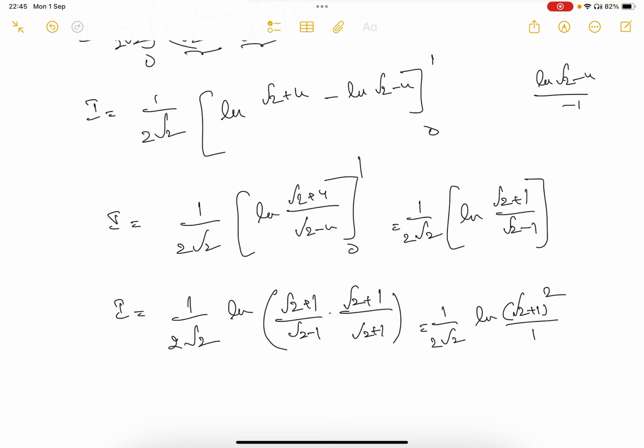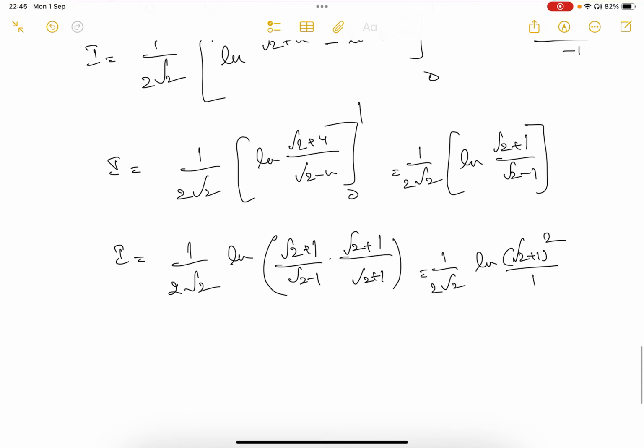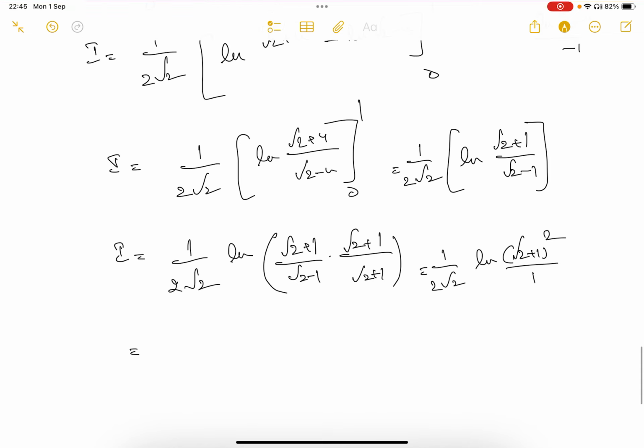Root 2 whole square minus 1 will be 1. Then, as you can see, ln a by b is ln root 2 plus 1 whole square minus ln 1. ln 1 will be 0, so it will not contribute. So you have 1 by 2 root 2 into 2 into ln of root 2 plus 1. This 2 will get cancelled, and this will be 1 by root 2 ln of 1 plus root 2.